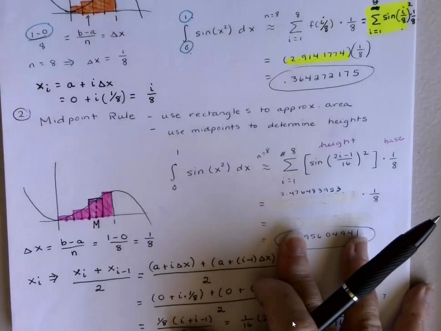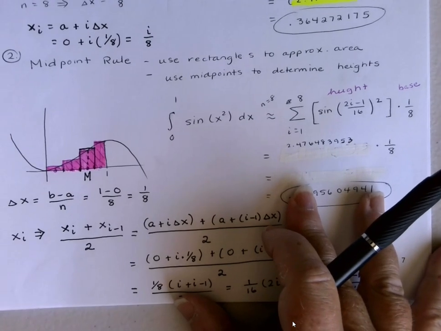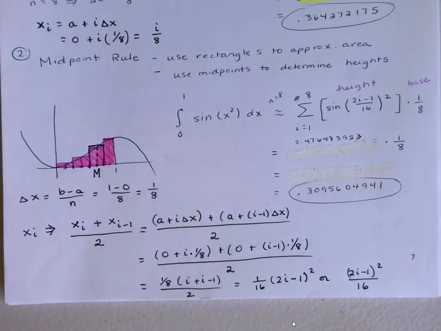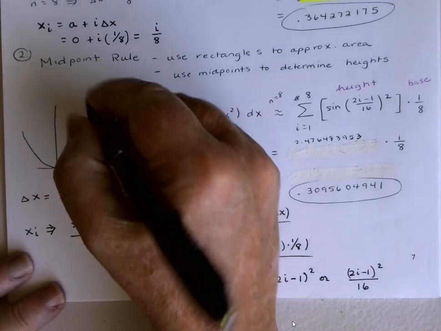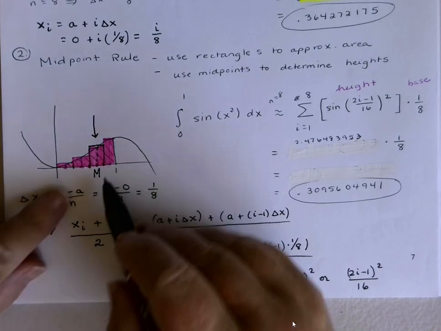The next way I want to do this is something called the midpoint rule. What we do with the midpoint rule is, instead of using the right endpoint to determine the heights of our rectangles, we use the midpoints. I've got that illustrated for this particular rectangle right here.